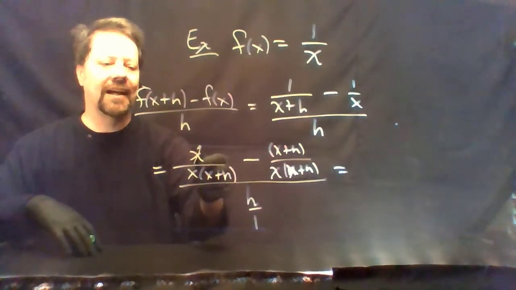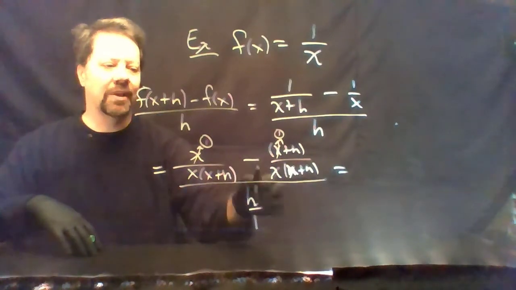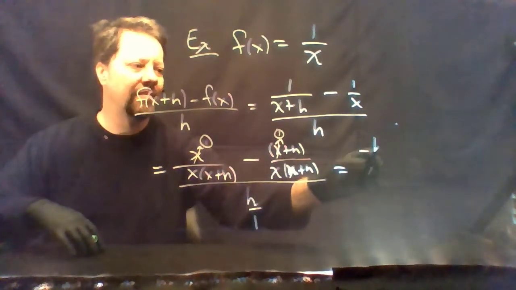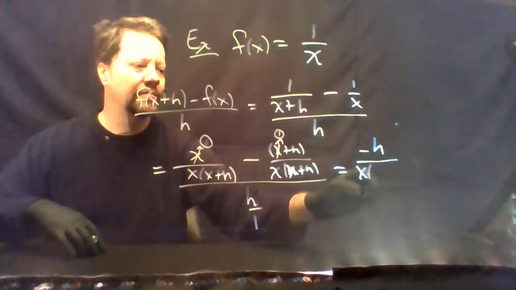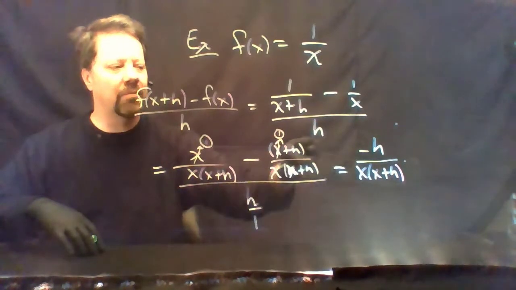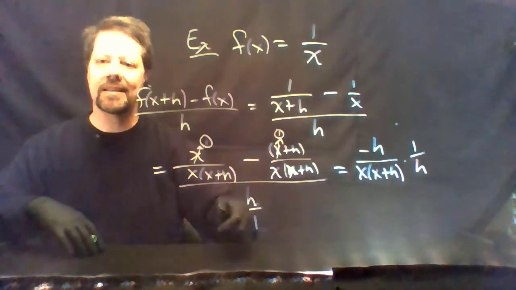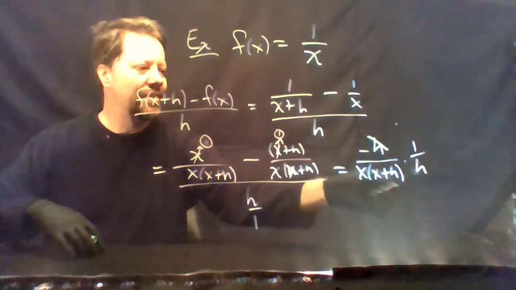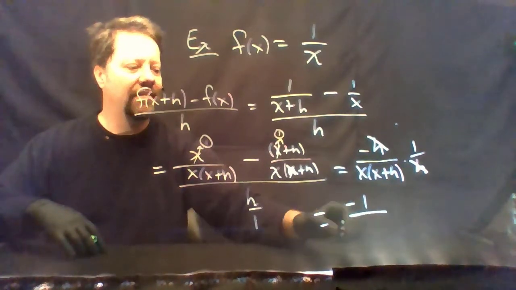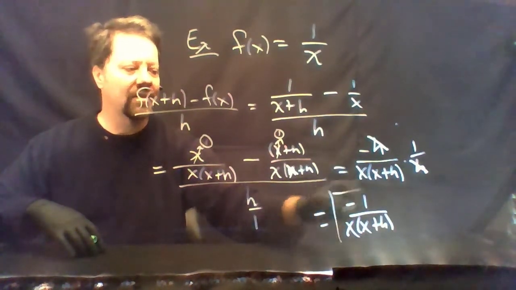So when we subtract, the x's will cancel and we'll be left with minus h on the top. Inverting and multiplying will have 1 over h multiplied on the side. The h's cancel, and our answer is negative 1 over x times the quantity x plus h.